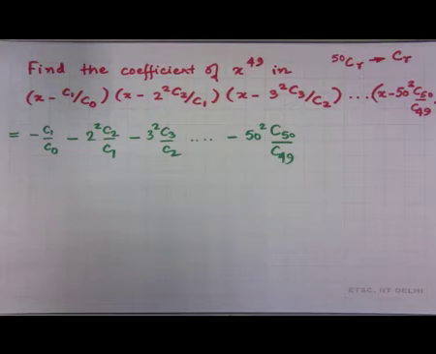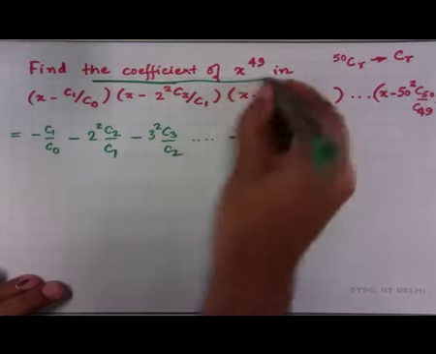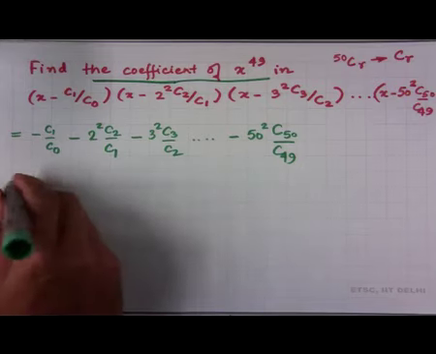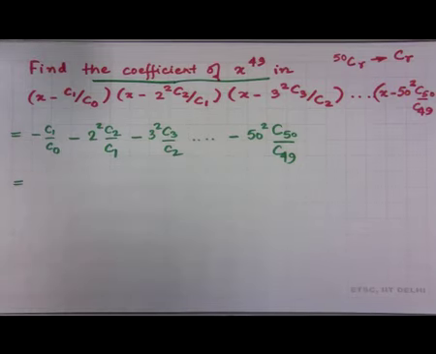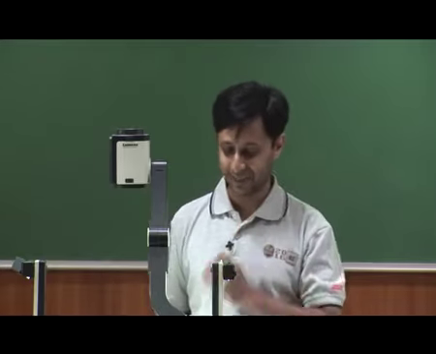That is going to be the coefficient of x power 49, this whole thing. And how do I do it? C 1 by C 0, this is familiar once again. We just did something similar.